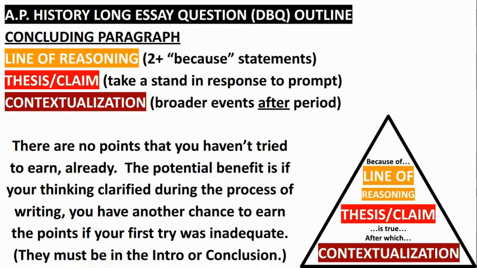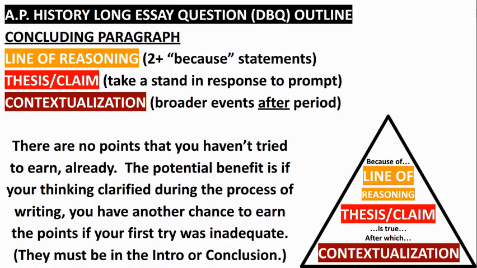Then at the end, they throw in a short conclusion with a thesis claim line of reasoning or some contextualization of what happened immediately after the scope of this question. I have many times, dozens at least, maybe hundreds, seen students earn these points in the last paragraph, having failed to do so in the first paragraph. So this is an option for you.